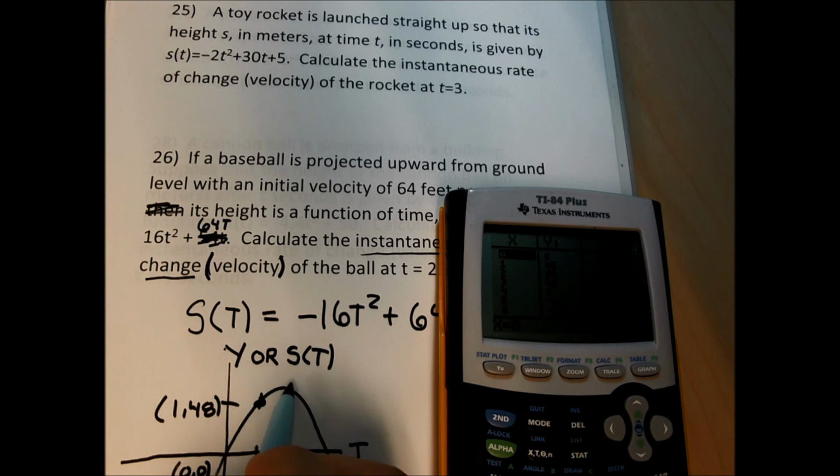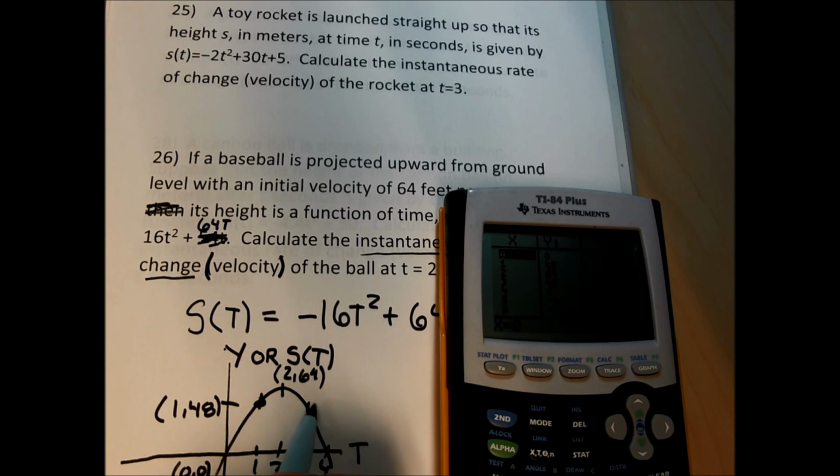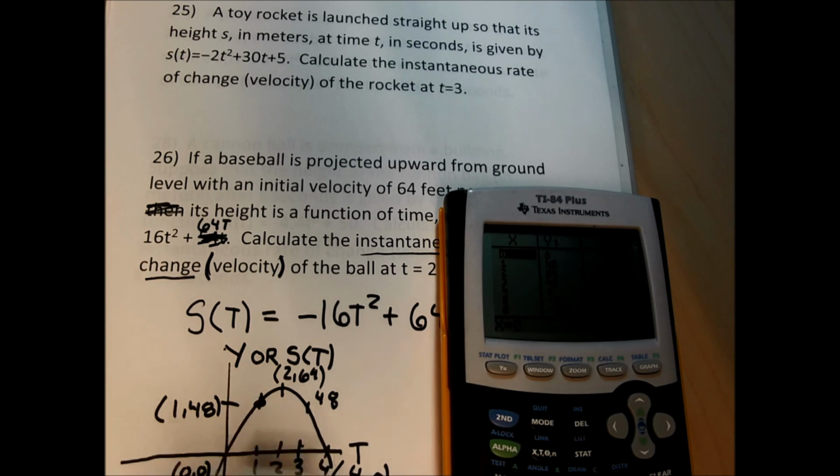At 2 seconds, it's at 64 feet. At 3 seconds, it's back down at 48 feet. And at 4 seconds, it's at 0 feet. It's maybe not the best graph, but it says what I need it to say.